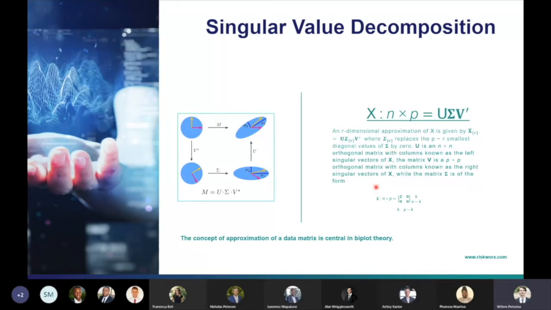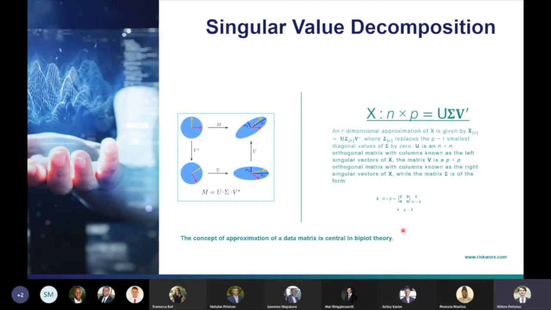U is an n by n orthogonal matrix with columns known as the left singular vectors of X, and the matrix V is a p by p orthogonal matrix with columns known as the right singular vectors of X. And sigma is of this form. The sigma matrix is a rectangular diagonal matrix with non-negative real numbers on its diagonal.